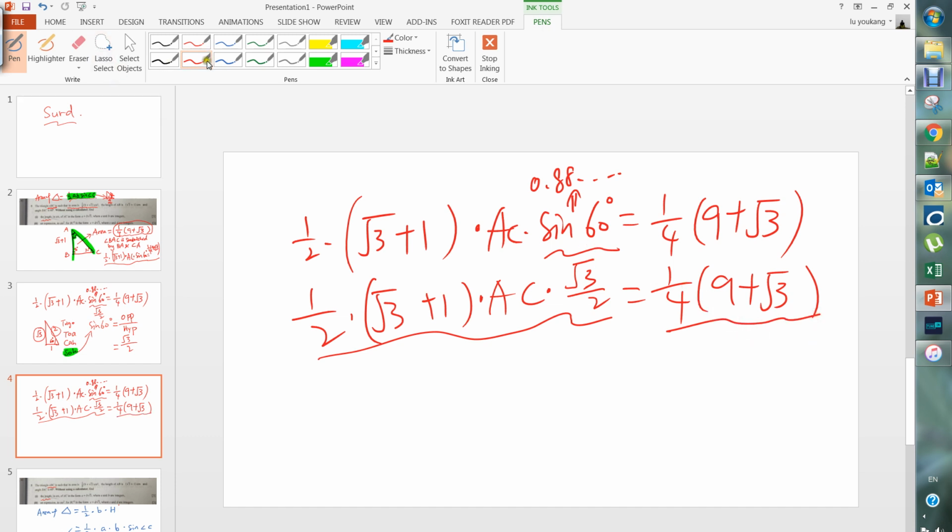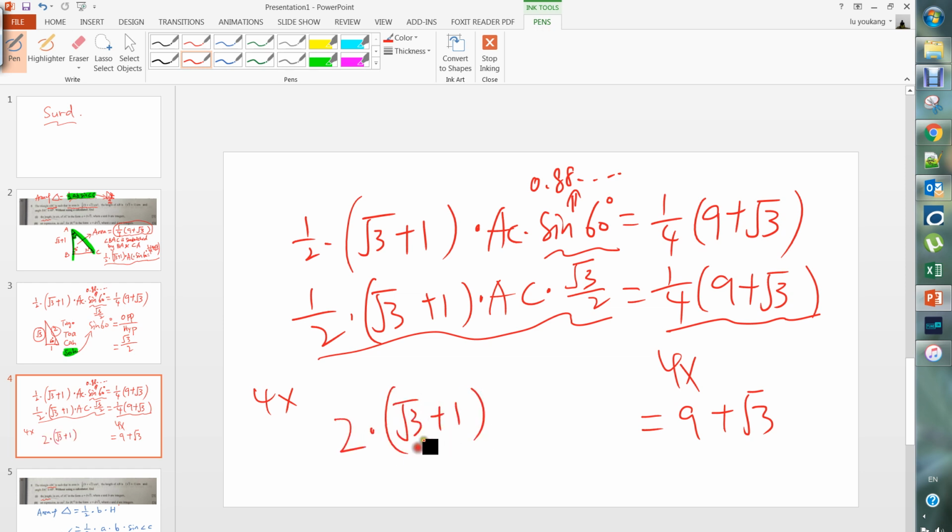So you can times 4 on both sides, so that you can get rid of this 1/4 here, right? You end up with this, because if you times 4 on the right, you have to times 4 on the left. So what do you get here? You get 2. Just copy it down, and you can see this 2 and this 2 cancel each other, right? So basically you end up with this.